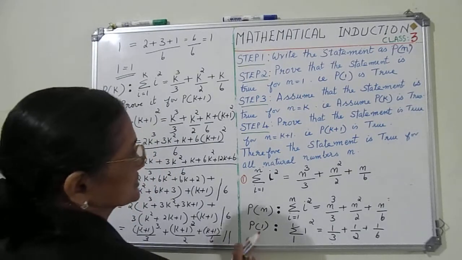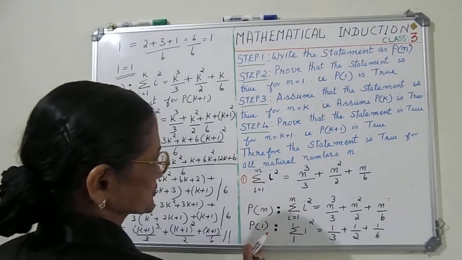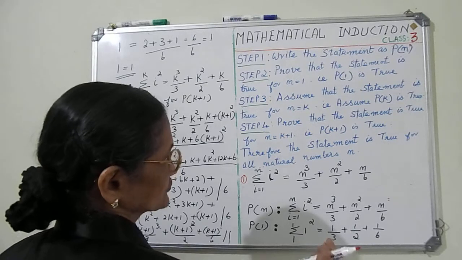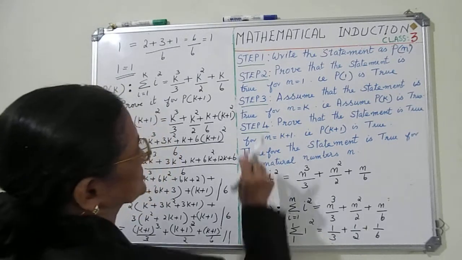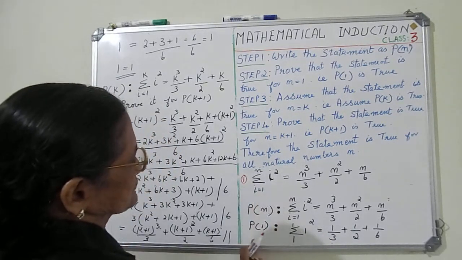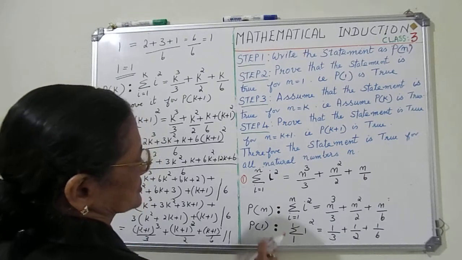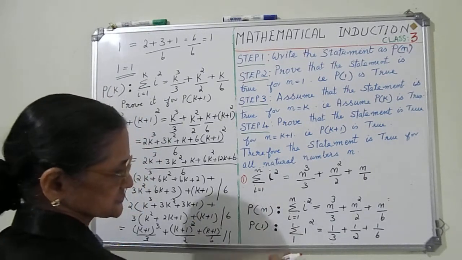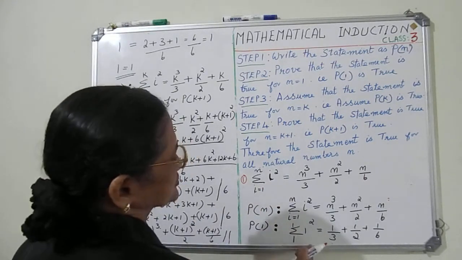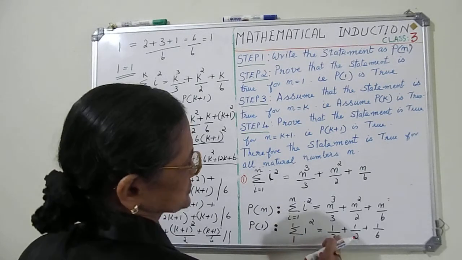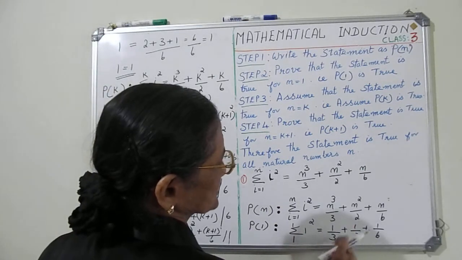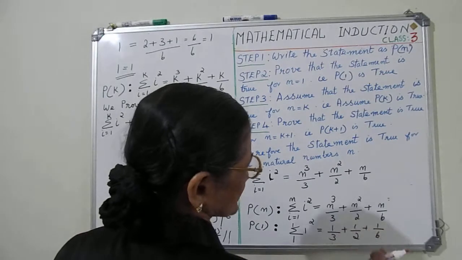Okay. Now what is the next step? We prove that the statement is true for n equal to 1. We put n equal to 1 here. Therefore, we get the statement P of 1. What is our P of 1? That is sigma i from 1 up to 1 of i square is equal to 1 upon 3 plus 1 upon 2 plus 1 upon 6.